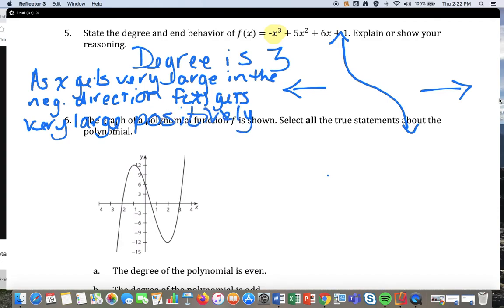And it's just the opposite. As x gets very large in the positive direction, f of x gets very large negatively.